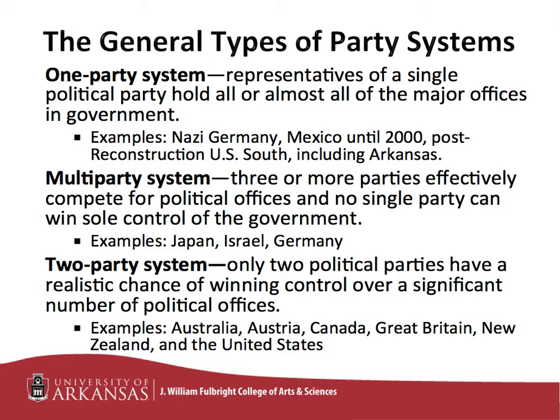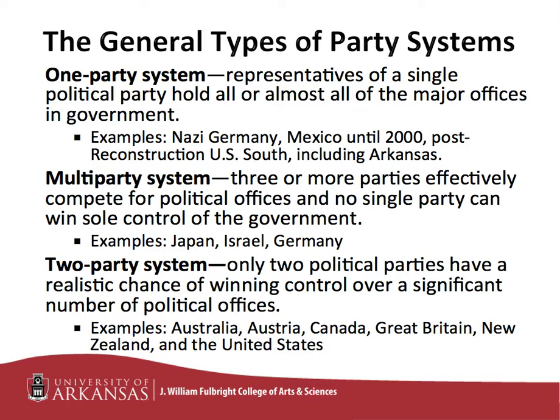The examples that we see are Nazi Germany, Mexico until the turn of this last millennia, as well as the post-Reconstruction U.S. South, including Arkansas, which until only very recently was dominated by the Democratic Party. Indeed, most people refer to this state as a one and a half political party state.